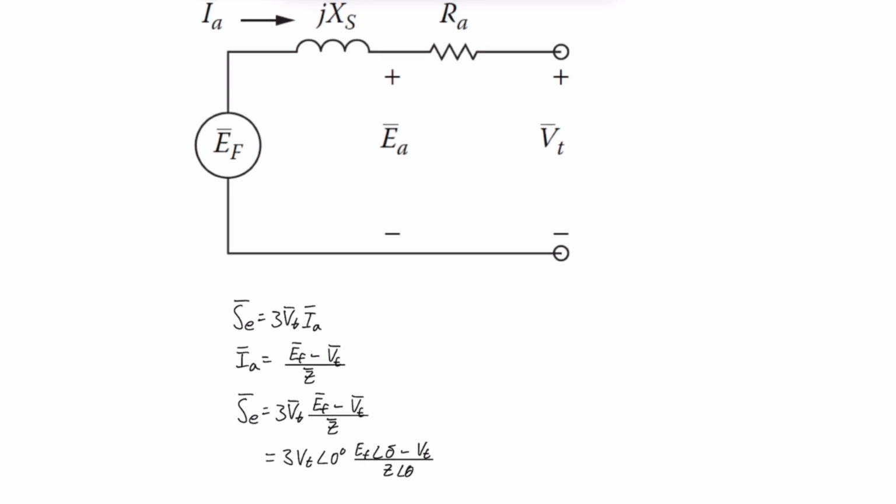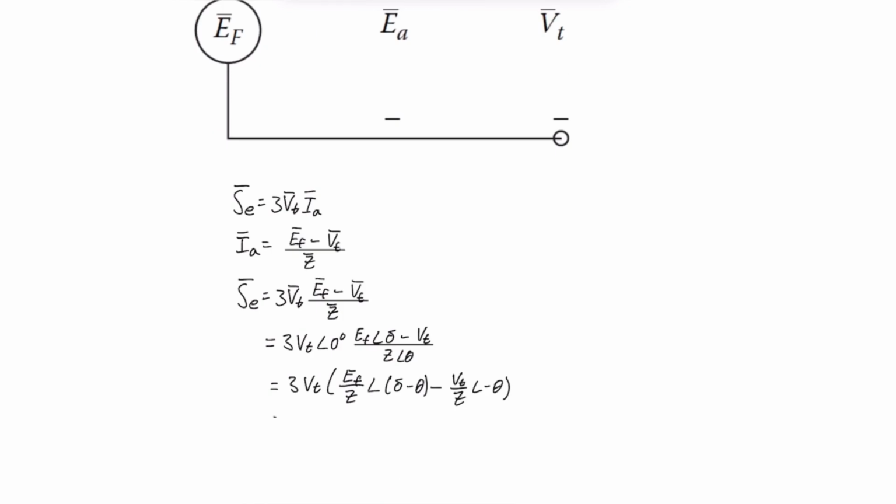We can further simplify this to the V terminal, just remove that angle. And then we can split this into 2. So we have the internal voltage over Z, and the angle here becomes delta minus theta. Then minus V terminal over Z here as well, but here we have minus theta.